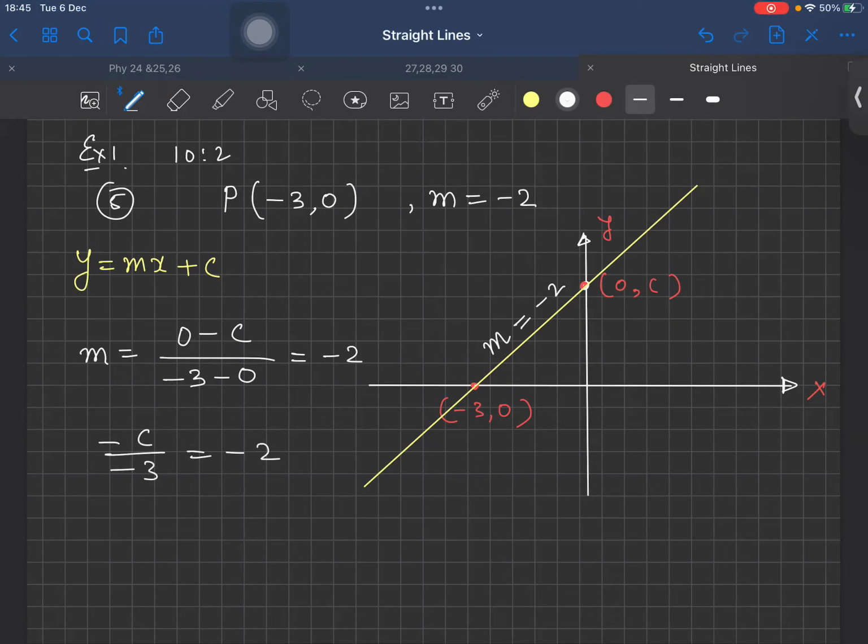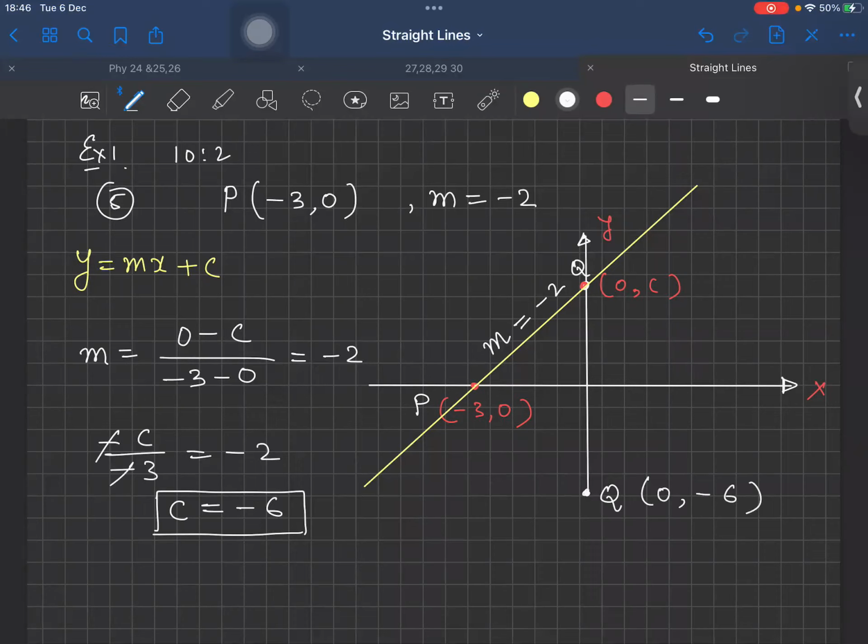That means C will be equal to -6. So if this point is P and this point is Q, then Q is actually on the downward side here, right? Because we are getting the coordinate (0, -6).